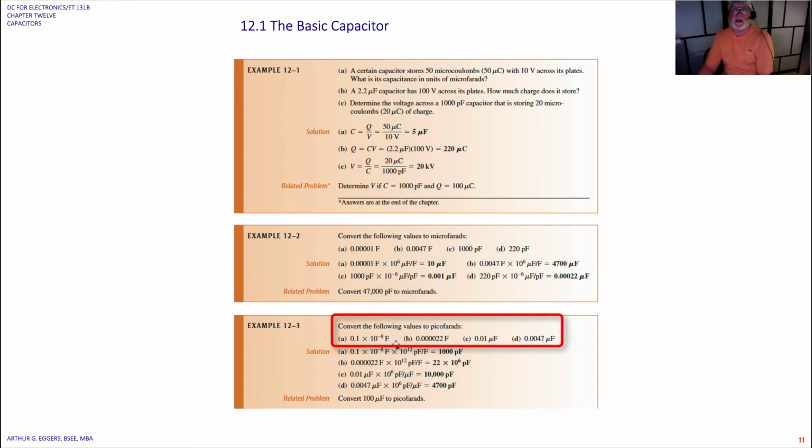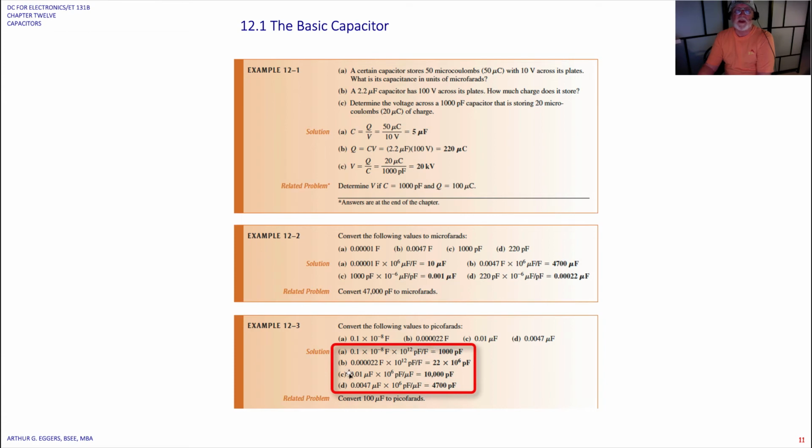Example 3 then, the following values are in farads and we want picofarads. So now we need to adjust our conversion. In the first one, 0.1 times 10 to the minus 8th farads, we're going to use the conversion 10 to the 12th picofarads per farad, which gives us 1,000 picofarads.